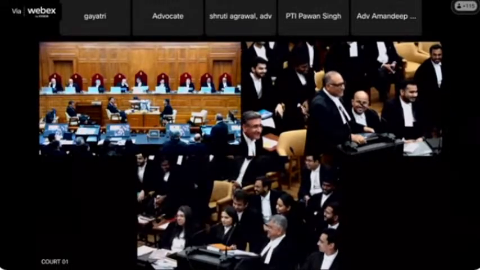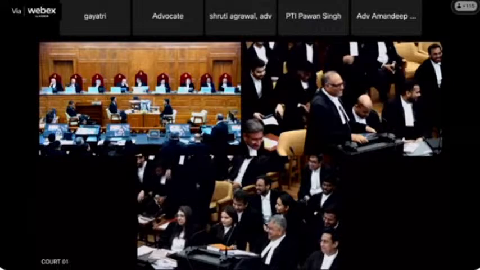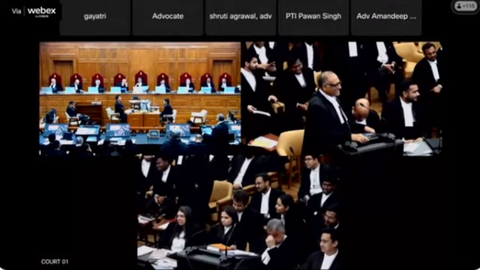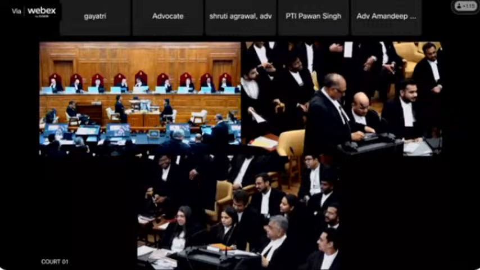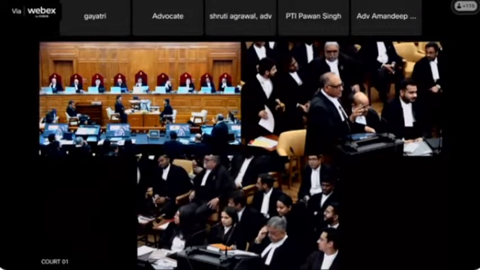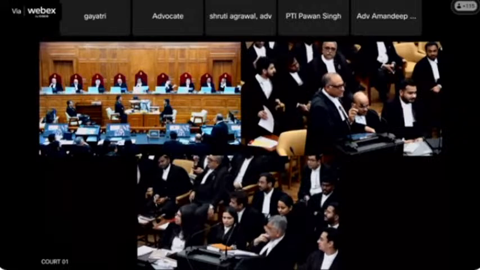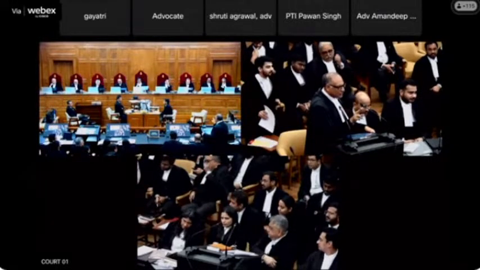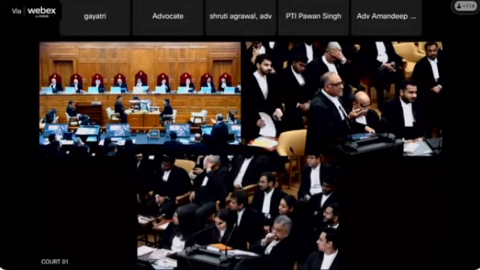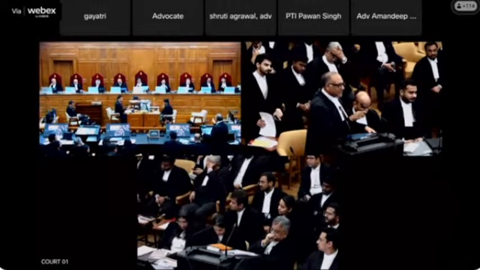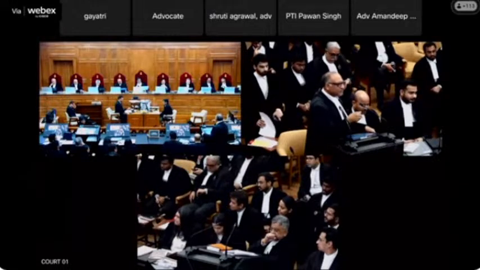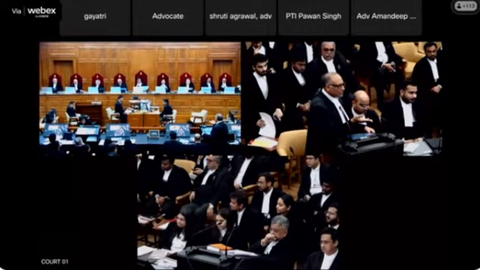Regulatory measures. My lord, one thing I have not submitted on is entry 6 of list 2, which is on public health. The reason I have not made a submission is that if in fact there is a legislation by the state which seeks to rely on entry 6, then my lord, we will have to justify that in a court of law.